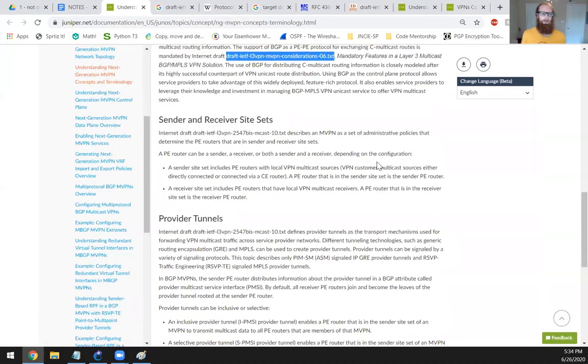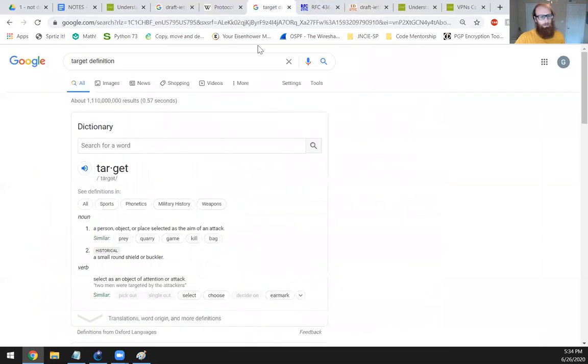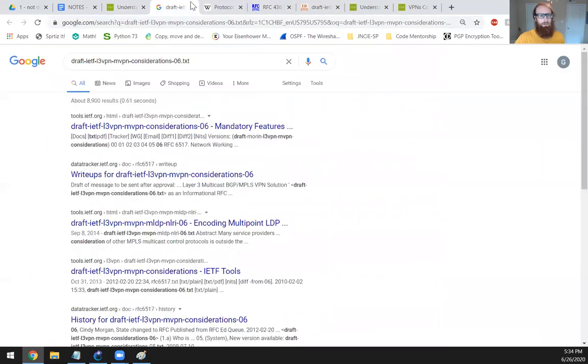Sender and receiver site sets. Internet draft IETF L3 VPN 2547 BIS MCAST-10, which I believe is the one I have open here. Yeah, but this one, let's see here.